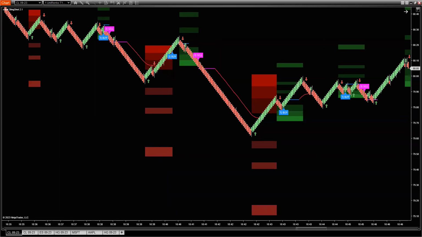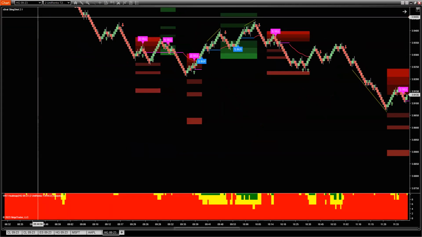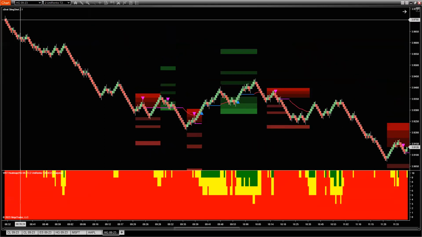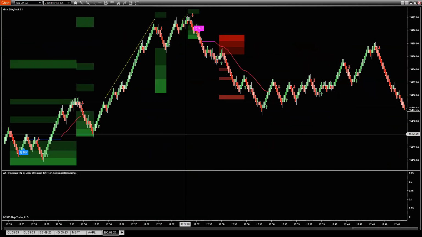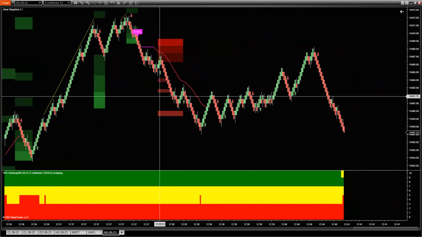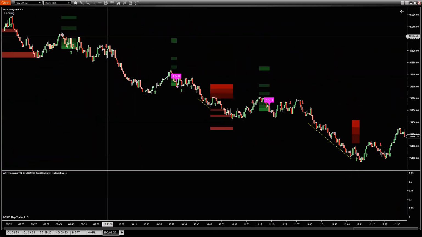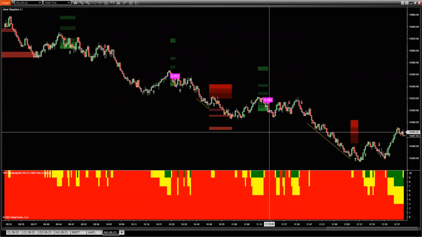I can look on NQ. Let's go to this one here. We're going to have to change the Unirenko. We'll probably have to go 1,000 ticks on here because it moves too fast.